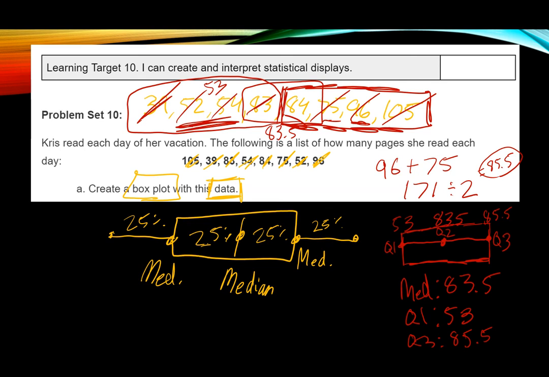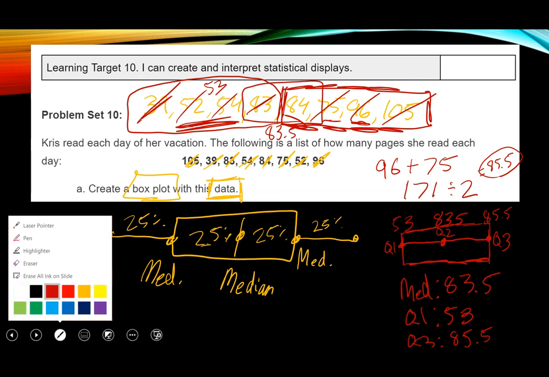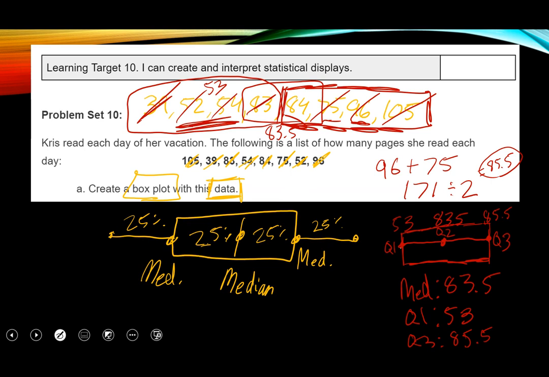Then we're going to have our max and our min. So we're going to extend this even further out. Actually, farther out would be the correct English. And that's going to be our highest number, should be 105. And our lowest number, 39.